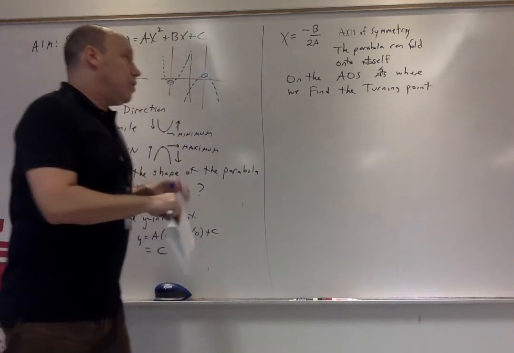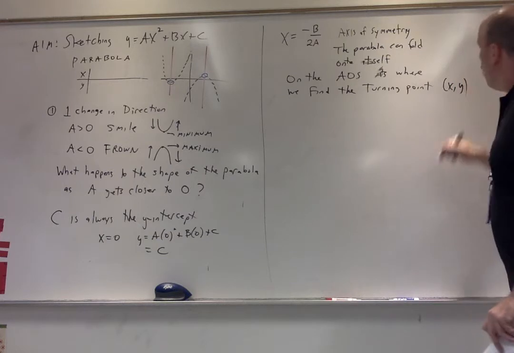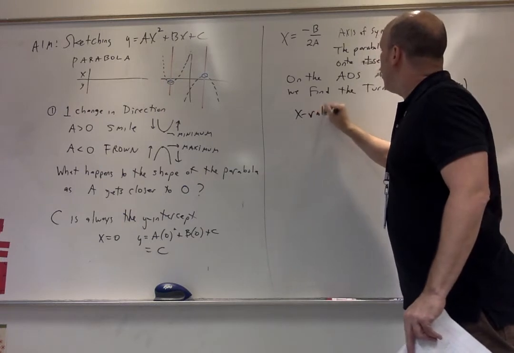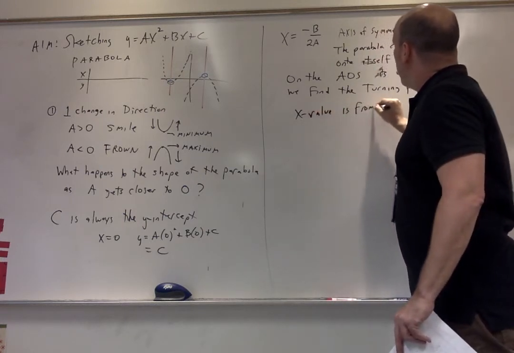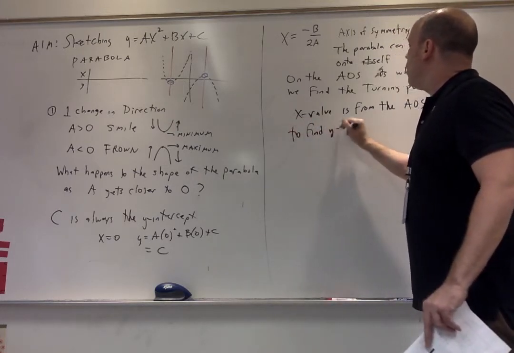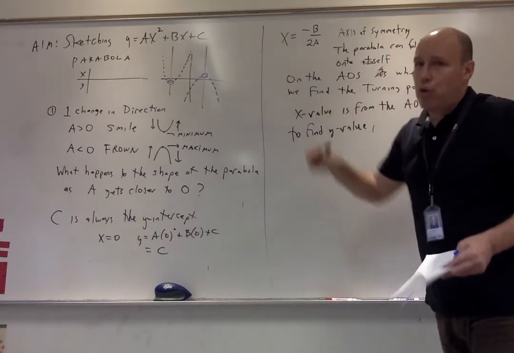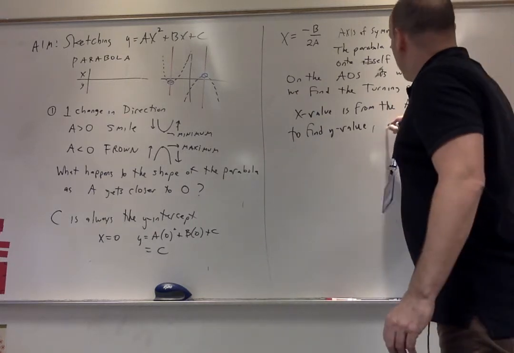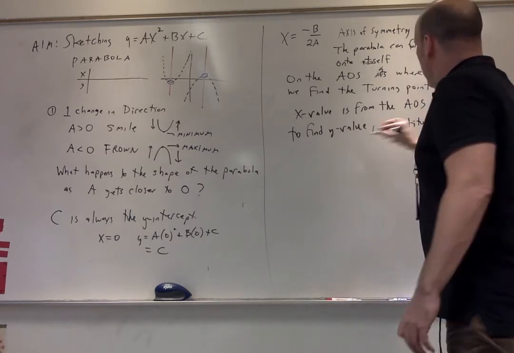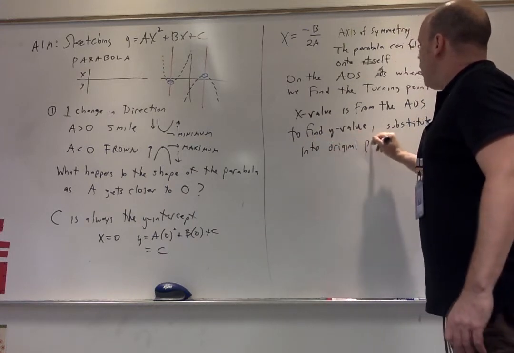So, we know the turning point is a point, and we know it has a y value. So the question is, we know how to find the x value. The x value is from the axis of symmetry. To find the y value, substitute this x value into the original parabola.